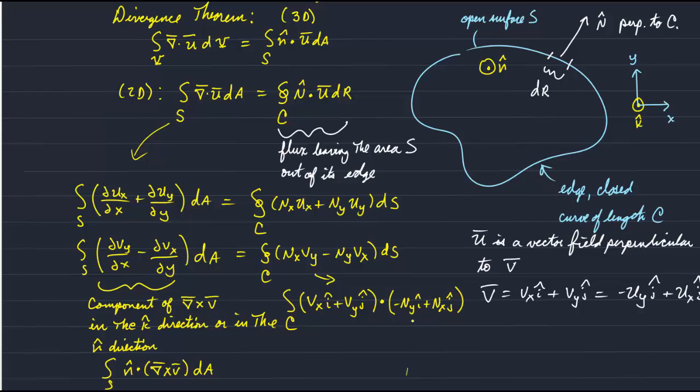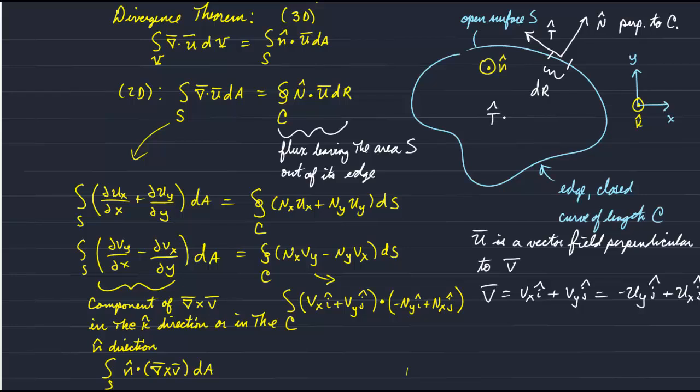But this vector, of course, is not parallel to n hat, because if it were, it would be nx i hat plus ny j hat. It's in fact a unit vector perpendicular to n hat, and therefore tangent to our curve.